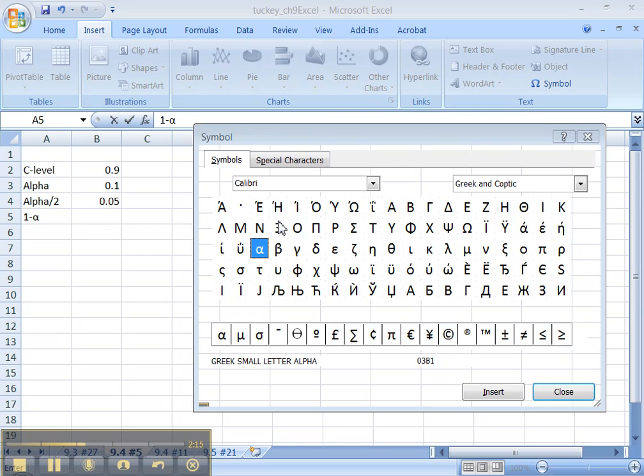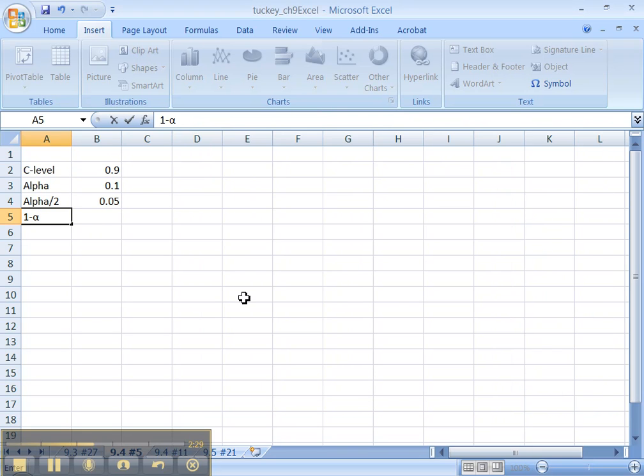My computer's being a little possessed, so I had to pause that for a second. But you can insert, see there's alpha right there, right next to beta and epsilon and nu. So it's in here in the Greek letters. So if you want to insert it as a symbol, or if you want to type the word alpha, knock yourself out. So 1 minus alpha over 2 would be equal to 1 minus this guy right here. Okay, so there's alpha over 2, there's 1 minus alpha over 2.